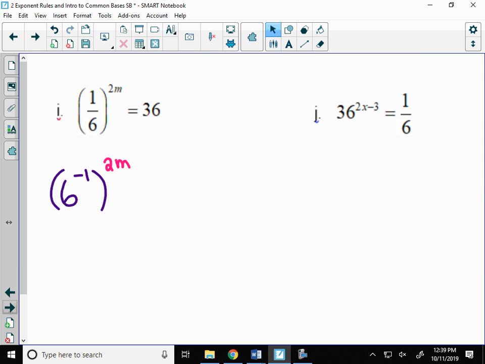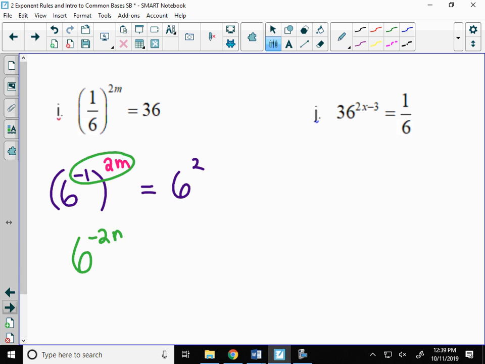And how do I rewrite the 36? 6 squared. Okay. Then before you move on, remember you're multiplying those exponents together because it's power to a power. So 6 to the negative 2m is 6 squared. And then you set the exponents equal.